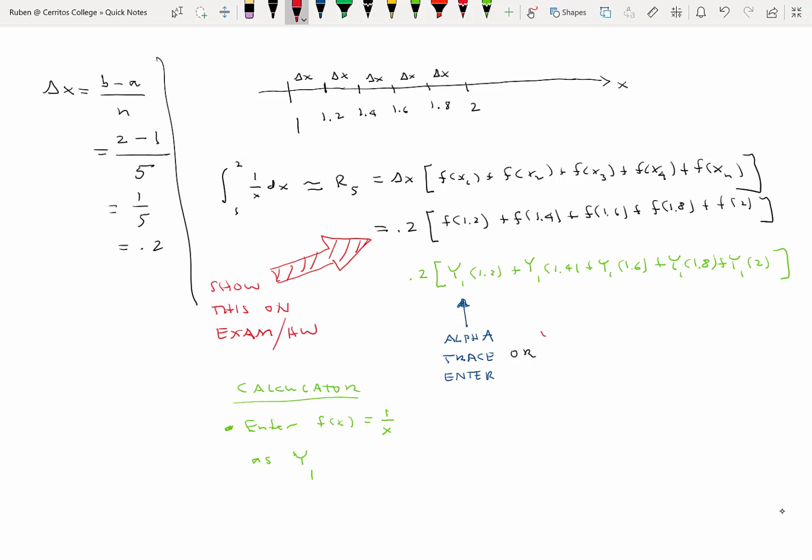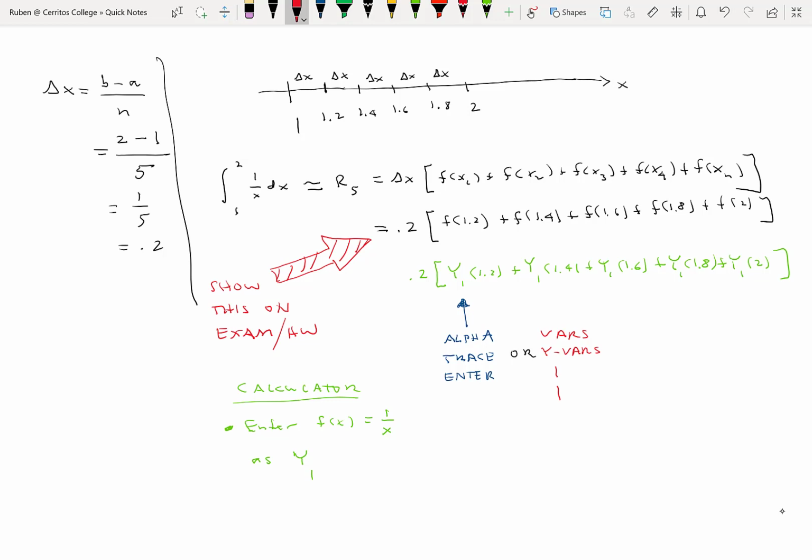You push VARS, variables, then you access Y variables, which means you get the cursor highlighting over Y variables on the screen, which means push the right arrow button. Then you push number 1 for function, then you push number 1 again for y sub 1, and then you'll see y sub 1 appearing on your screen. So in practice, this goes very, very quickly.